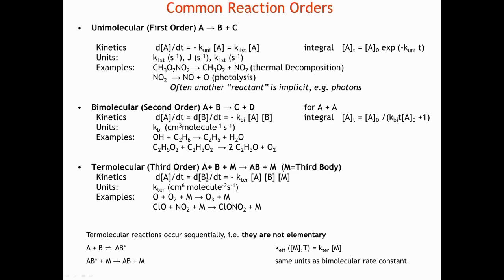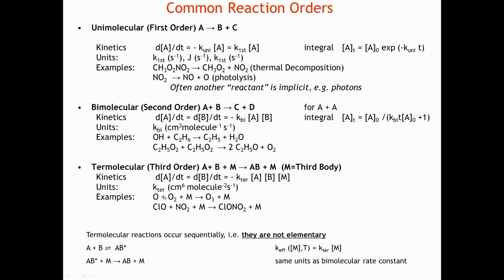So dA by dt equals dB by dt equals the termolecular reaction rate constant for the destruction of A and B times the concentration of A, B and the third body. And the units are centimetres to the power 6, molecule to the minus 2 per second.